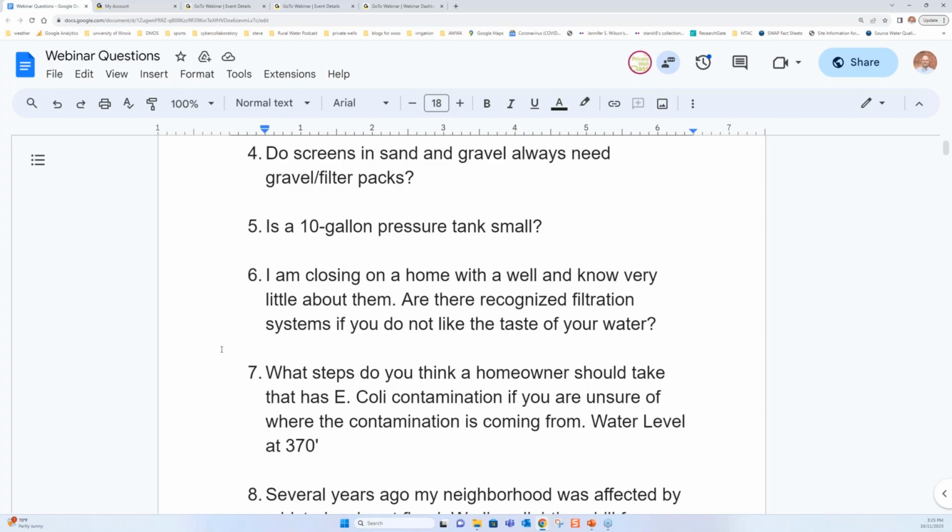If the water is that deep and you have solid casing, then it obviously doesn't seem likely to be a livestock thing or a septic thing. Yeah, that's unusual. So that's where I would start.